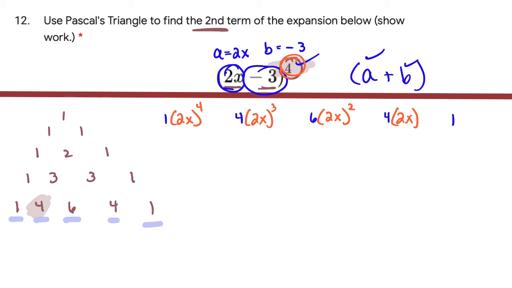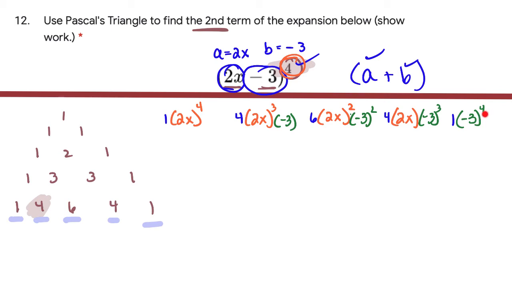Then we take the b term. The b is our -3, and our negative 3 does the opposite. I usually start my b term down here, and I say, okay, he's to the fourth power, but then he goes in descending order to the left. There's negative 3 to the first power, and then finally negative 3 to the 0 power.